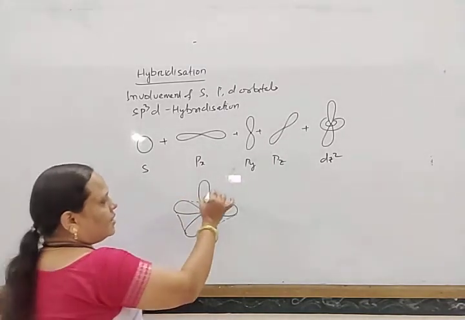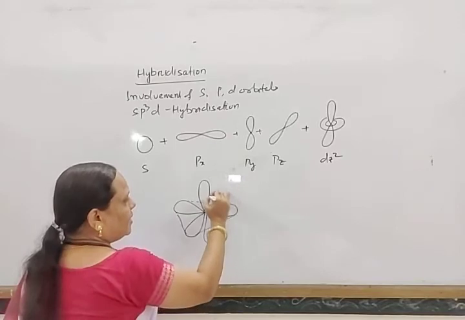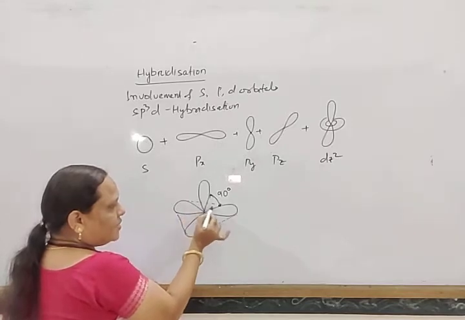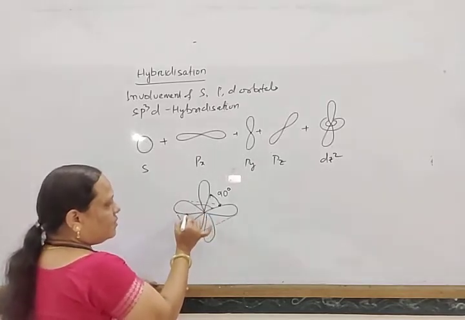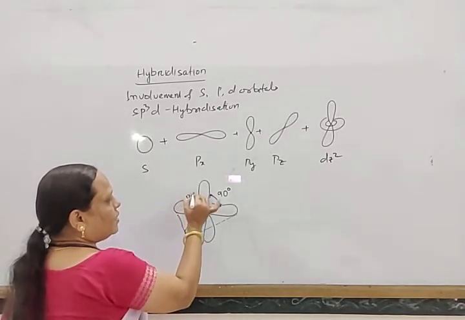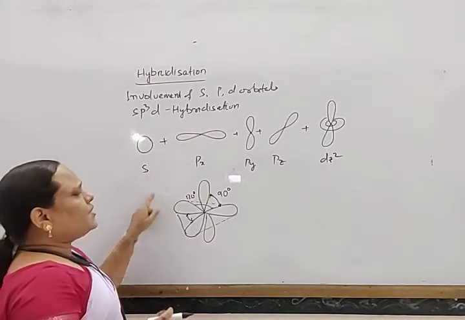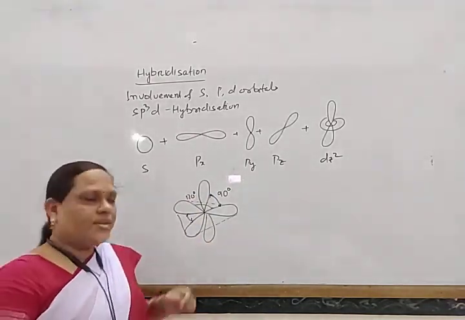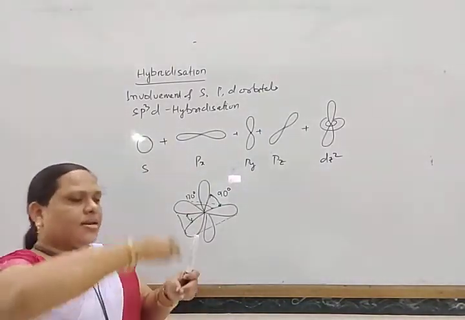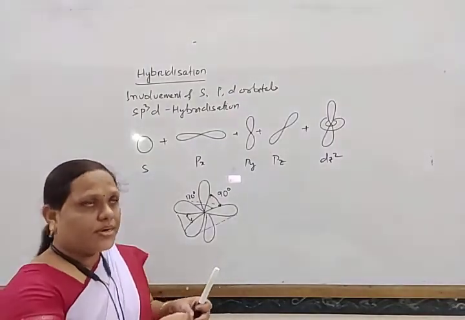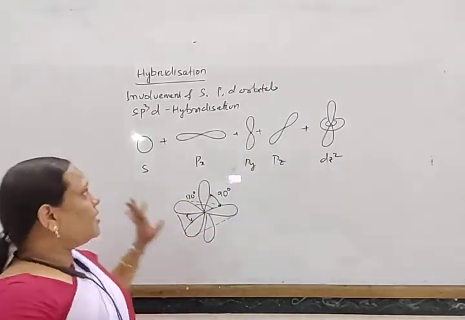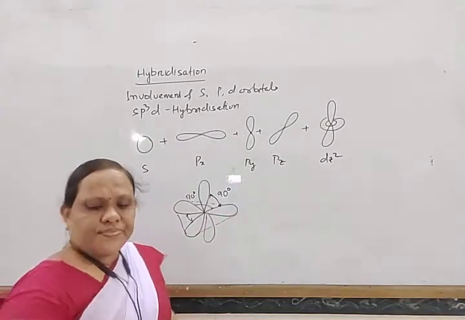These axial orbitals make an angle of 90 degrees with the equatorial orbitals, whereas the equatorial orbitals make an angle of 120 degrees with each other. So there are 2 different arrangements, making angles of 120 degrees and 90 degrees. Okay, so note down this.